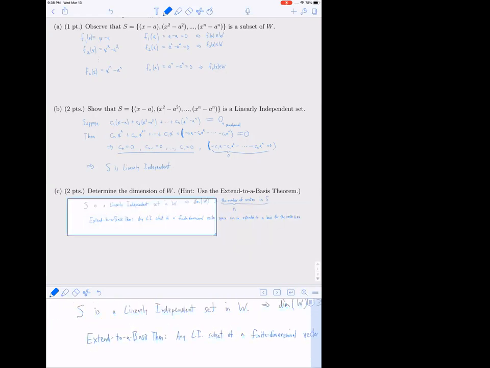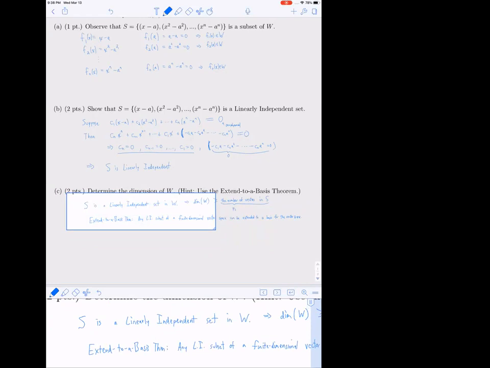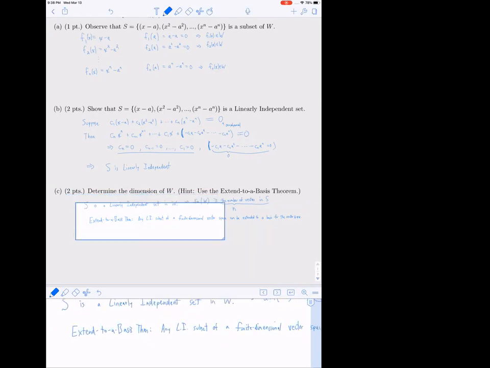So in this case, we have S, a linearly independent set in W, and W is itself a vector space. So I guess we can extend S to a basis for W.